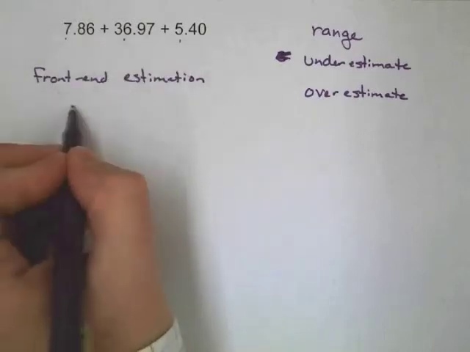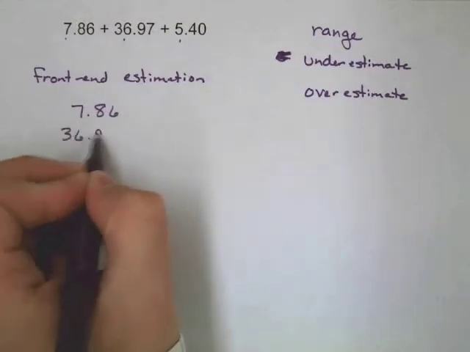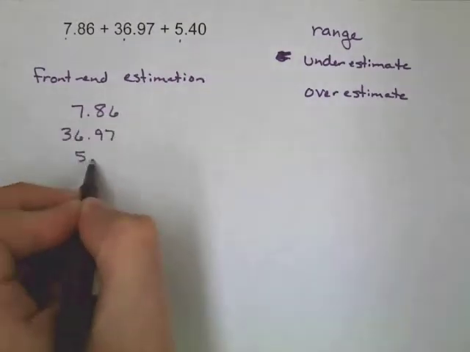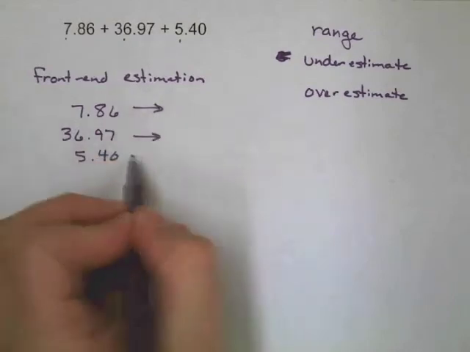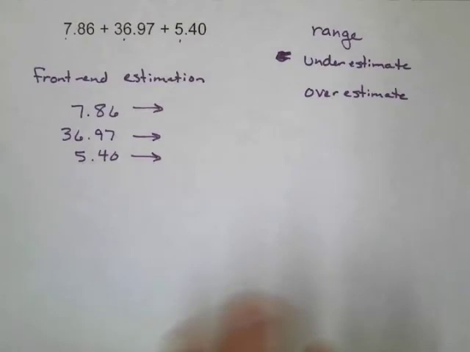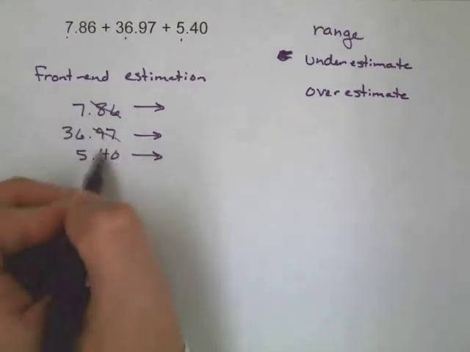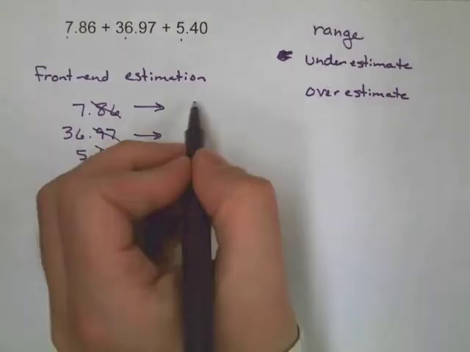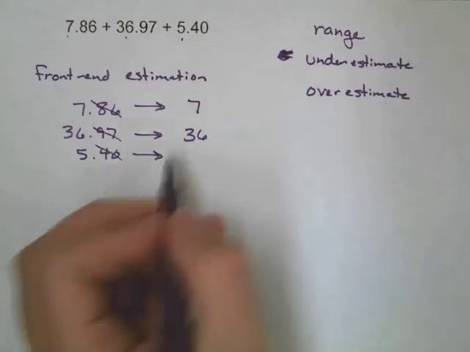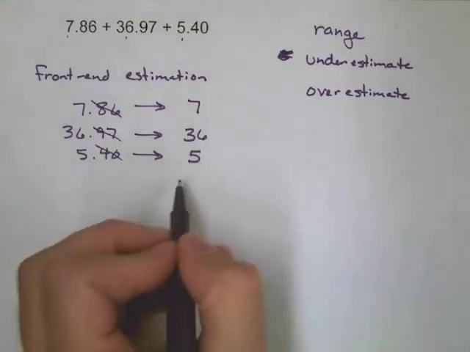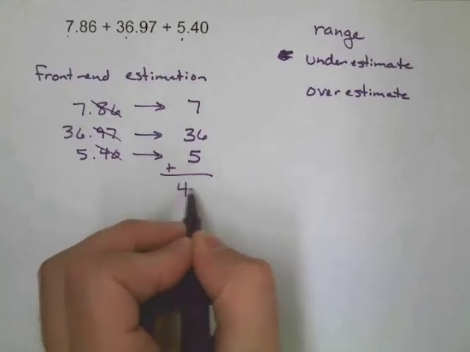So, if we have 7 and 86 hundredths, and we have 36 and 97 hundredths, we have 5 and 40 hundredths, when I'm doing front-end estimation, I'm ignoring the decimal piece, I'm just looking at the whole numbers. So it's essentially like I'm ignoring that, and I'm ignoring that. So this becomes 7, this becomes 36, and this becomes 5. And I can add those up, and I'm going to come up with 48 with that.